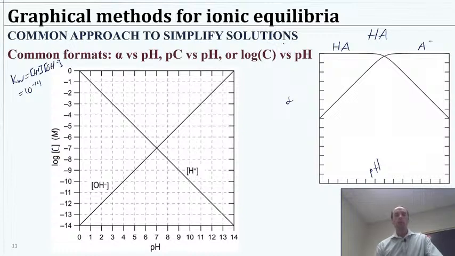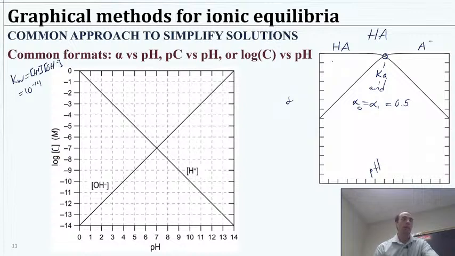We also know that wherever these cross, this is going to be the value of Ka. And that's the point where alpha 0 equals alpha 1, which is equal to 0.5, or 1/2.